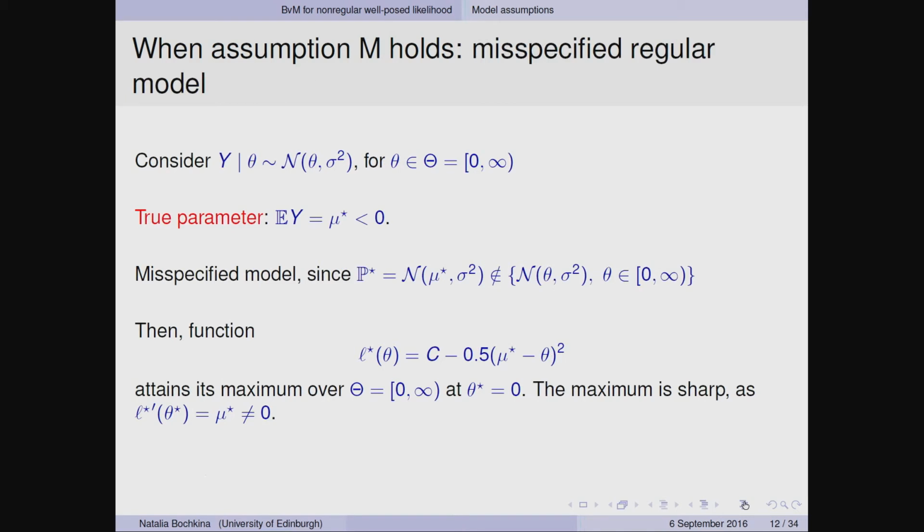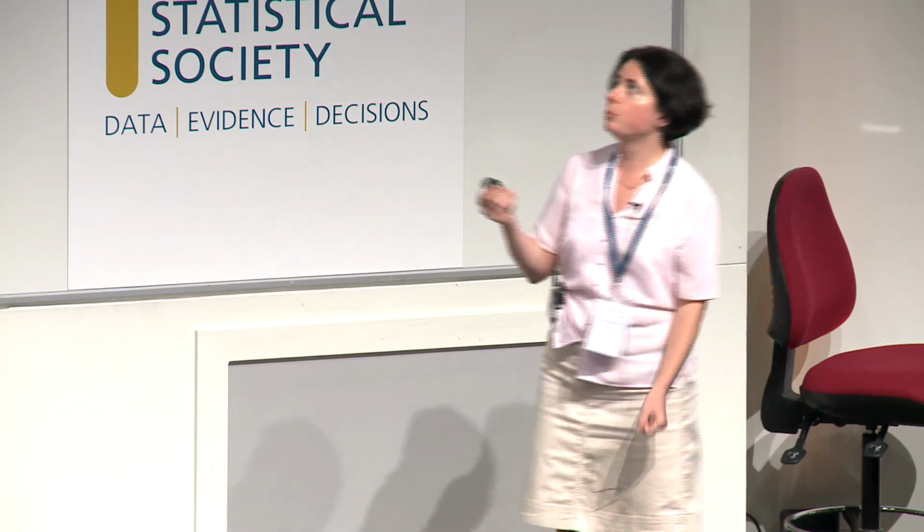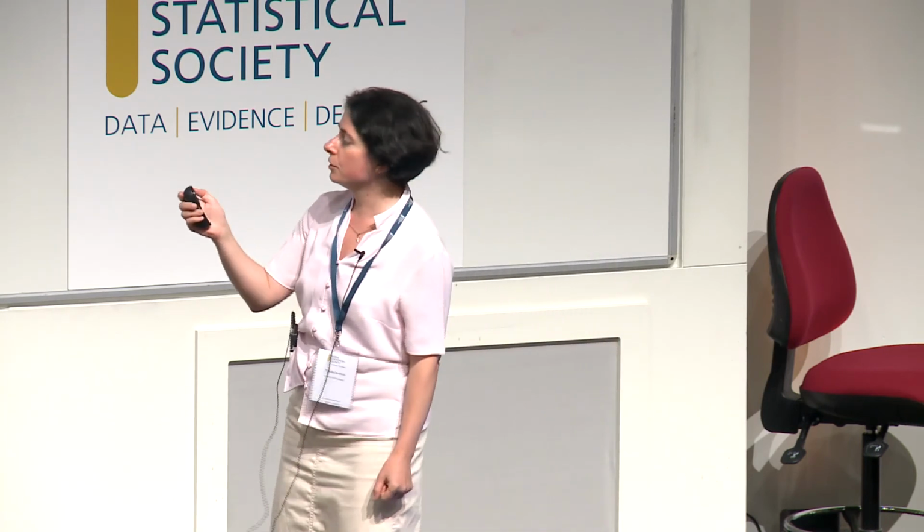But suppose we have a constraint, and this constraint is misspecified, for instance. For a one-dimensional parameter it's a bit trivial, but you can think of that as you have a linear model and you're missing one covariate. Your covariates are non-negative, the parameters are also non-negative, but you're missing some components, and you might get a similar situation.